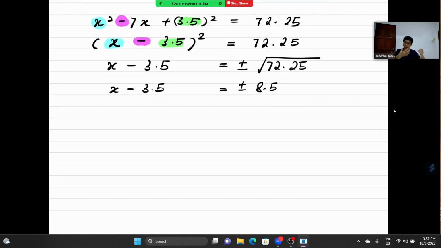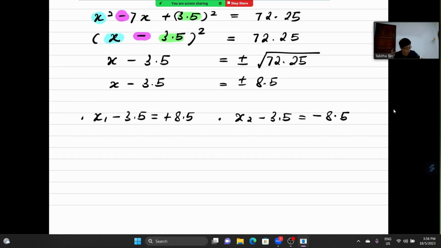Okay, it's time to split the two linear equations. So x minus 3.5, we can equate that to the positive version of 8.5, and then the x minus 3.5, equate that to the negative version of 8.5. Solve the linear equation.